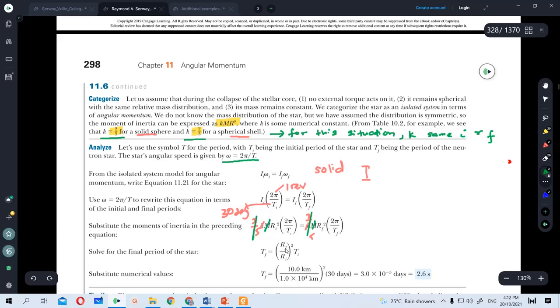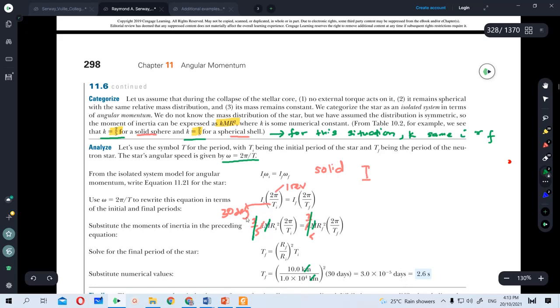So as you substitute R final, which is in the kilometer, make sure that you are consistent of your units, okay? If it's kilometer, then should be divided with kilometers so that the whole idea, the unit can be cancelled out with one another. So at the end of the day, if you time with 30 days like this, you arrive with 3 times 10 to the power of negative 5 days. So this is what it meant.